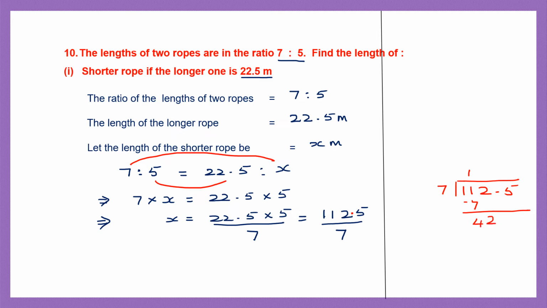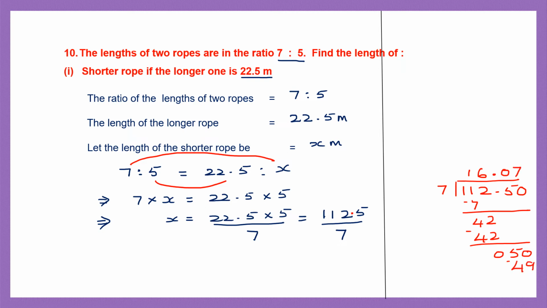I bring down 2, 42. So 7 sixes are 42, minus 0. I carry the point up and I bring down 5. 5 is smaller than 7, isn't it? So I need to put a 0 and continue my division. I have 0 there. Now I can bring it down. It's 50. 7 sevens are 49.